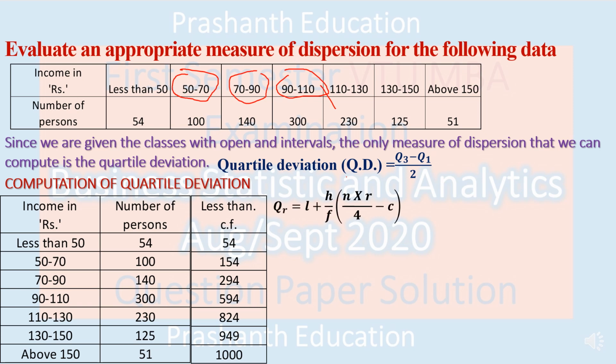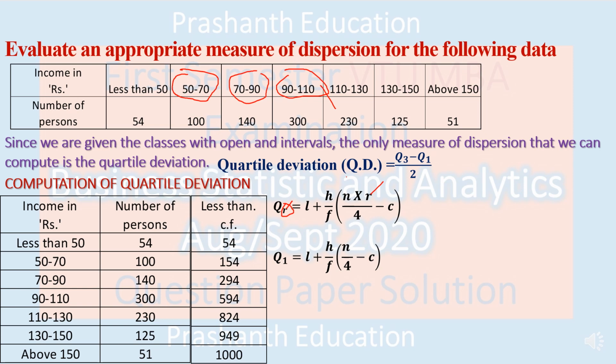For that there is a universal formula, for any type of quartile you want to calculate. Depending upon the r value, we can derive the formula. For example, I want this as 1. If you substitute 1, this r will become 1, so n by 4. So Q1 is equal to L plus h by f times (n by 4 minus c).